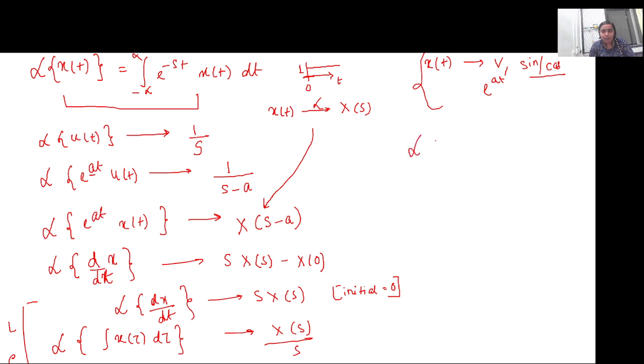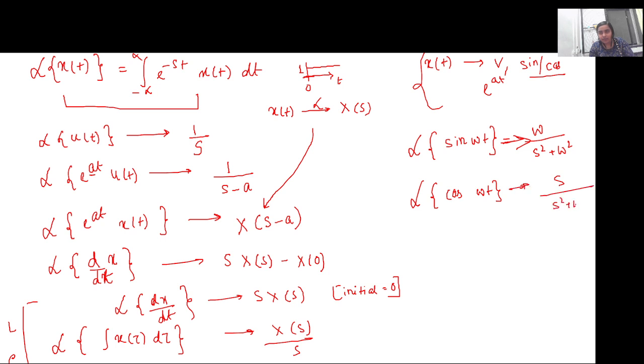Another two things that will come in handy are the Laplace transform of sine of omega t, where omega is the frequency, which is of the form omega by s square plus omega square, and the Laplace transform of cos of omega t, which is s by s square plus omega square.